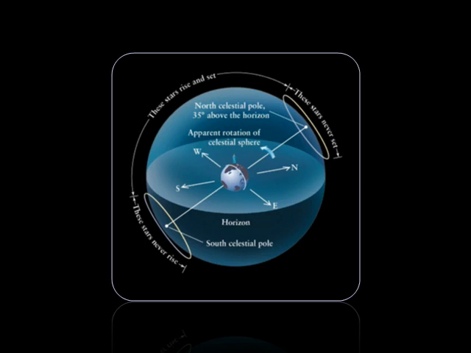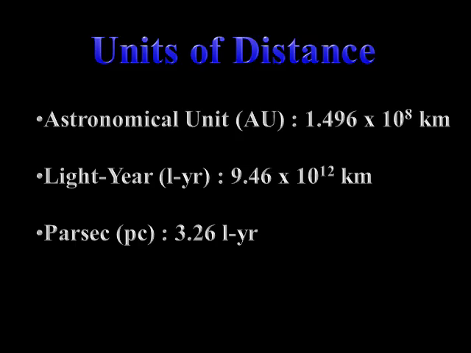And if you're a person who has never been to the southern hemisphere, then there are in fact stars in the sky on the celestial sphere that you have never in your life seen. And in fact, there are constellations that are not visible from the northern hemisphere, but are visible from the southern hemisphere. So you see that there are a lot of issues associated with what you can see and where as the Earth rotates under the celestial sphere.